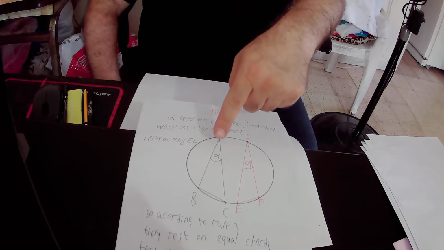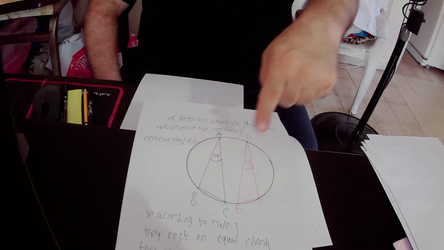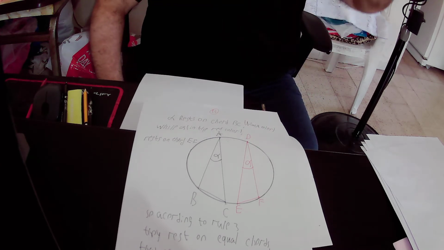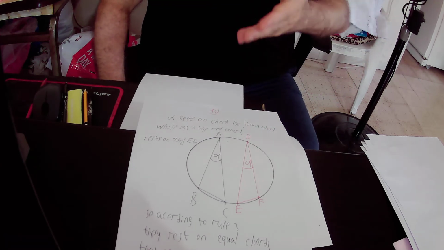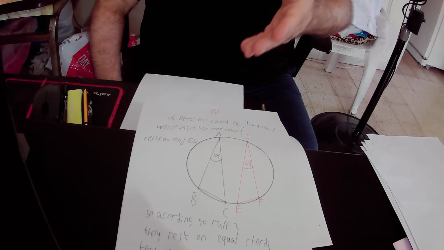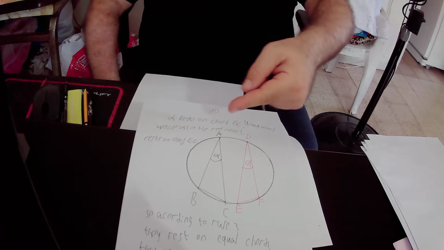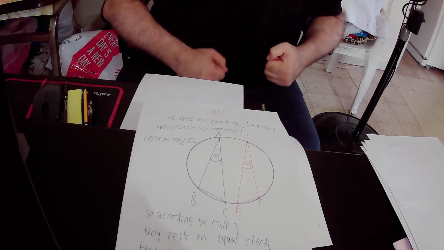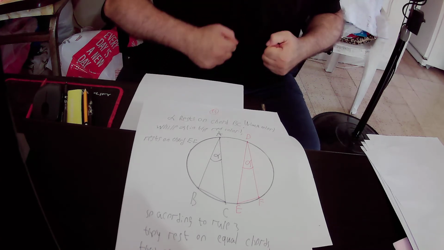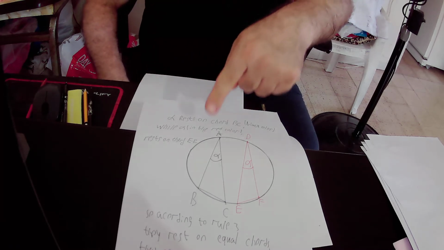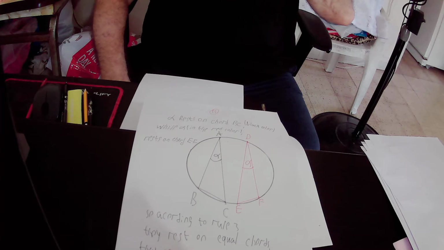Angle alpha in black rests on chord BC, and angle alpha in red rests on chord EF. Those two angles are equal, so they rest on equal chords. That is to say, BC equals EF.